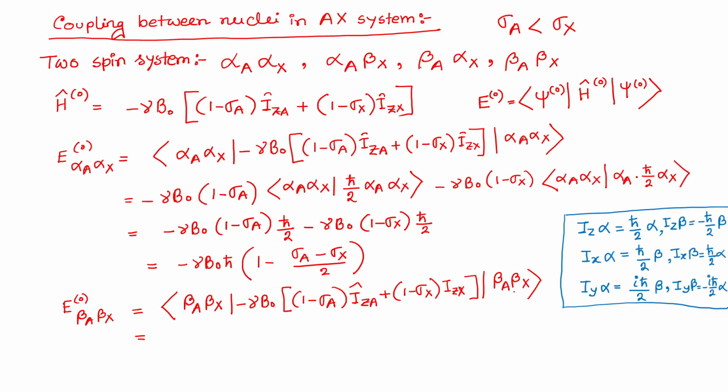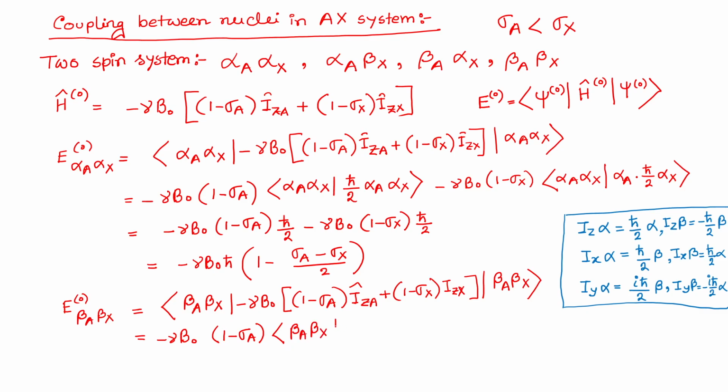But what will happen? Here the beta is coming, so you can see that minus is going to play a crucial role. Here IZ, when it operates on beta, will give you minus H cut by 2 beta. So let me do this, or it may not be clear to you. I have made a step jump.